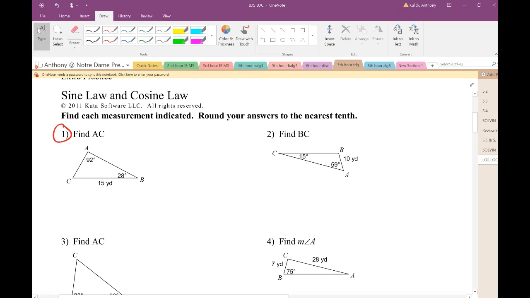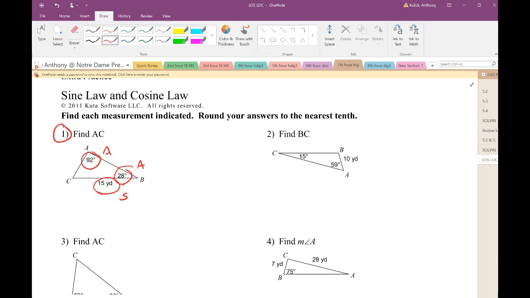Am I in side, side, side, side, angle, side, angle, angle, side, angle, side, angle, or side, side, angle? If I look at this, I notice that I have two angles in a row and then a side. So this is angle, angle, side. Everybody agree with that?